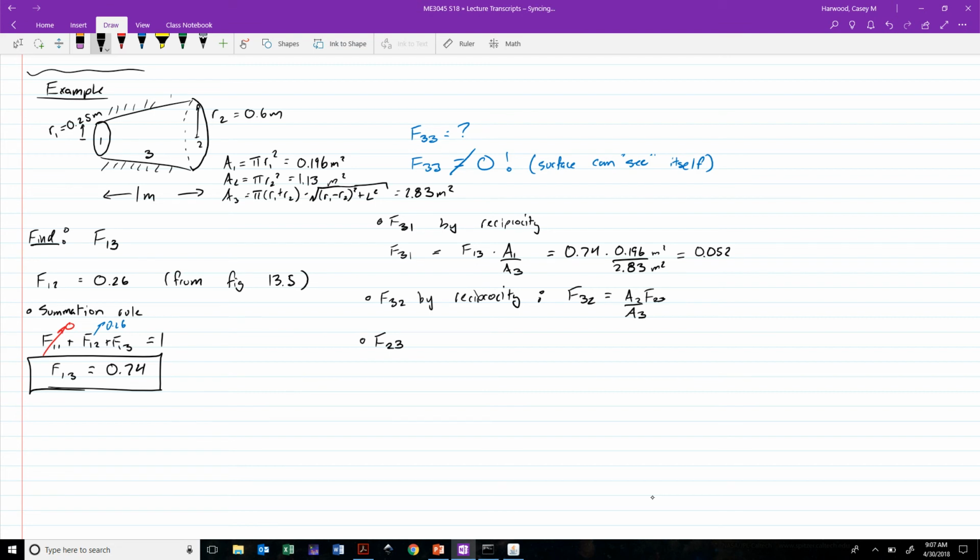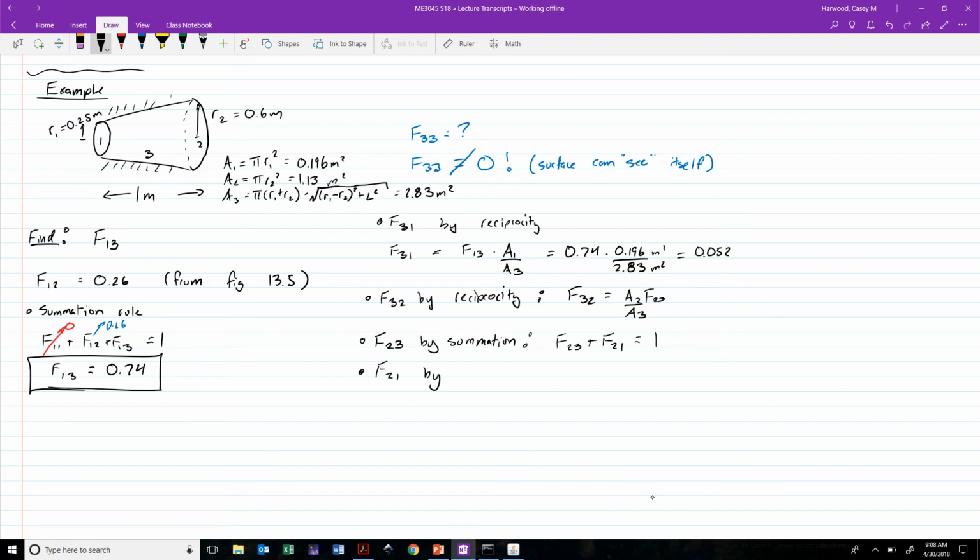F23 we could go ahead and get by the summation rule. Basically saying that F23 plus F21 is equal to 1. Okay. Which means we need to figure out what F21 is.